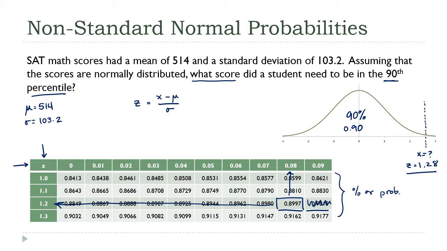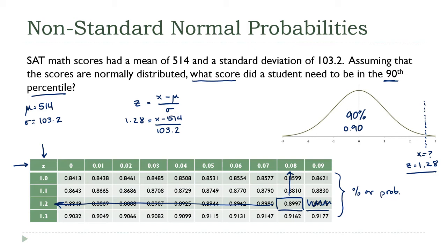So let's put those numbers in. 1.28 equals x minus 514 over 103.2. Now all I have to do is solve for x, and I'm home free.